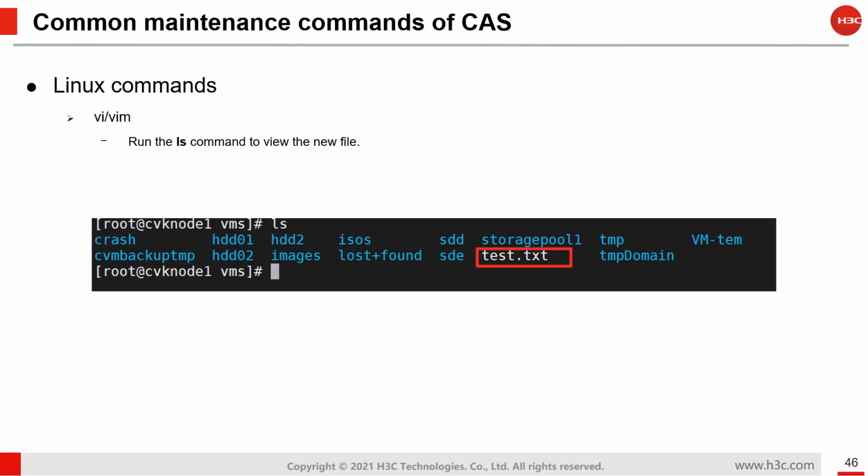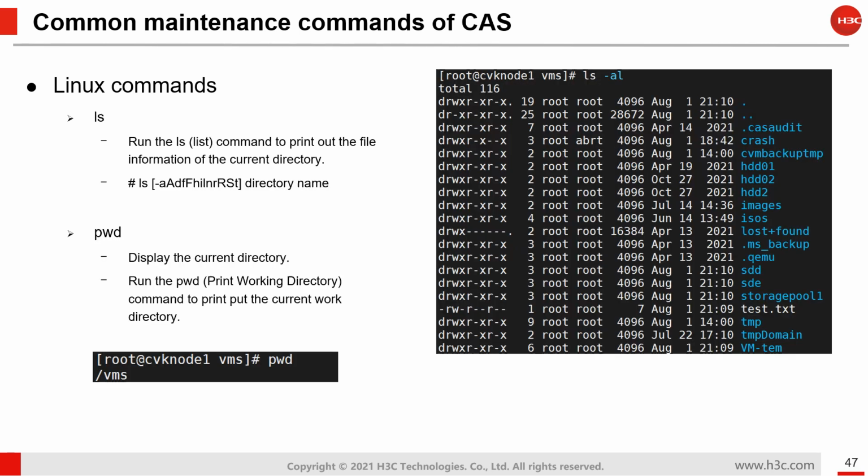After we quit vi, we can run the ls command to view the new file. For example, when we run ls in the background, we will see the files in the directory, and the new file test.txt we created will also be shown on the screen. ls.